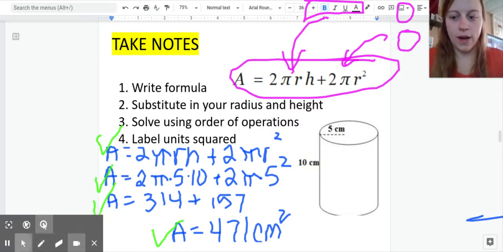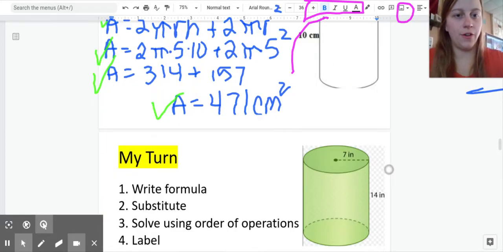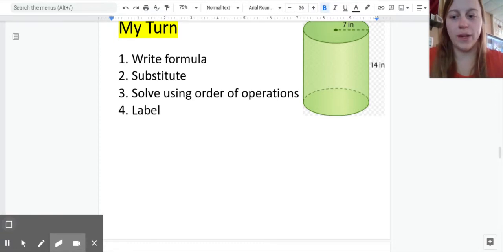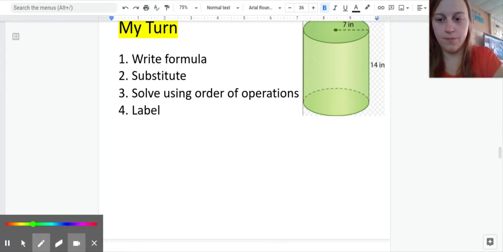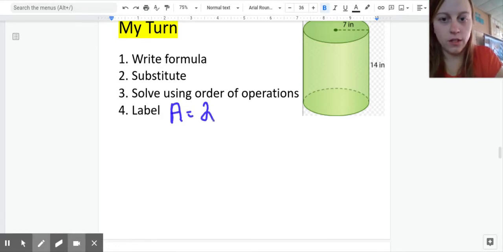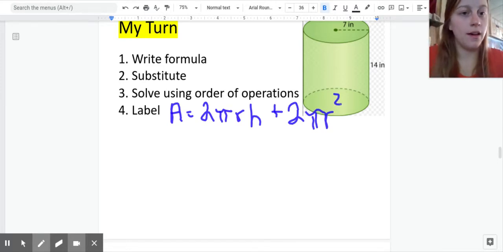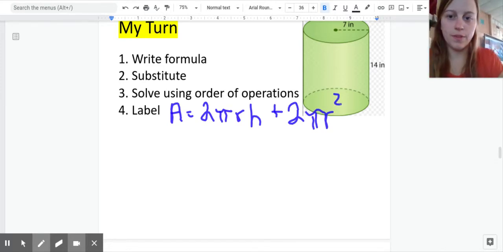Alrighty, let's go ahead and look at another example. So the first thing we're going to do is write our formula. So my formula is area equals 2 pi rh, that's my rectangle, plus 2 pi r squared. That's my circle. So I wrote my formula.